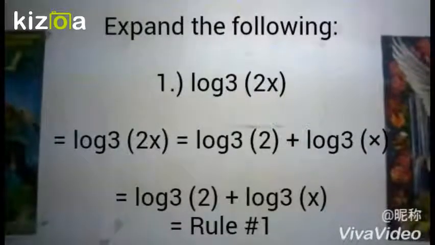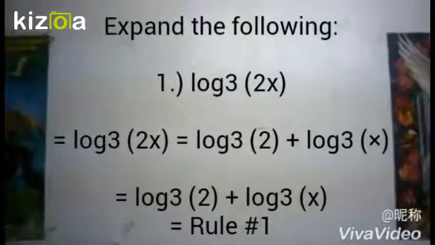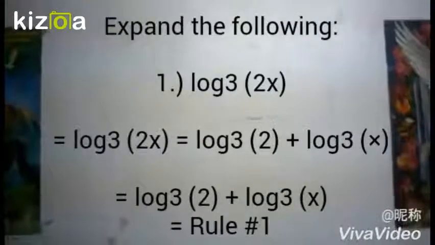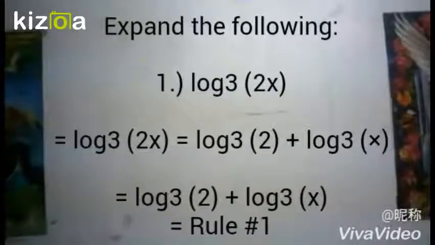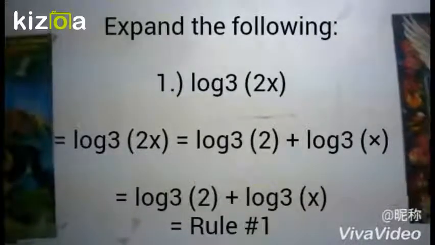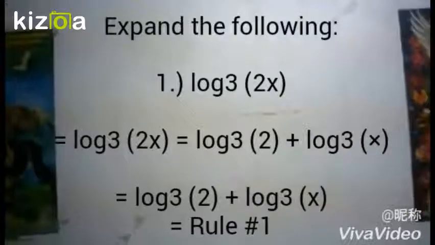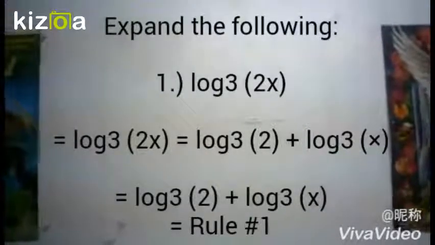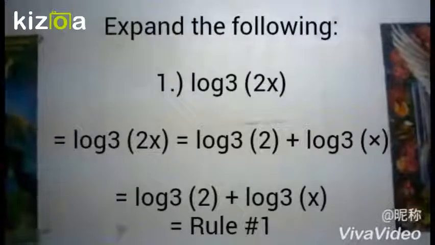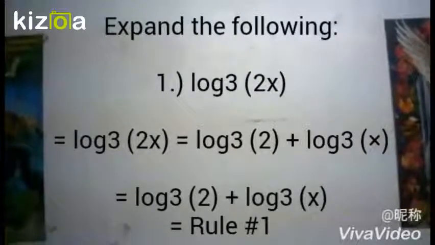Outside the log, it becomes the logarithm of 2 to the base of 3 plus the logarithm of x to the base of 3. This follows log rule number 1.